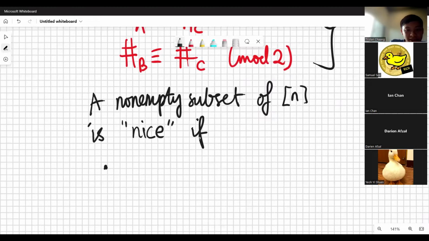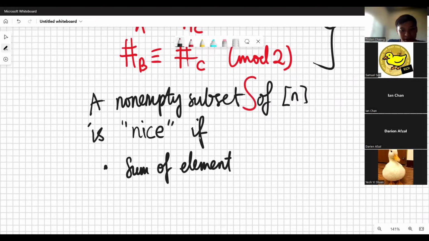First one, well, let's say this subset is S. The sum of elements of S is a multiple of 3.